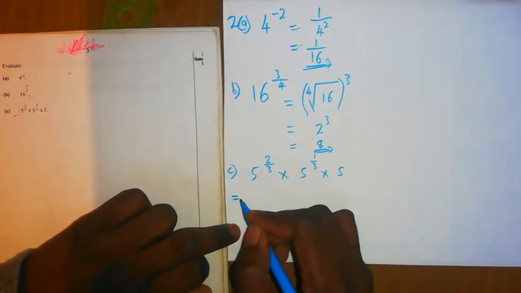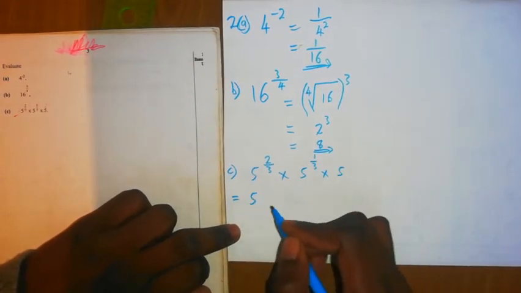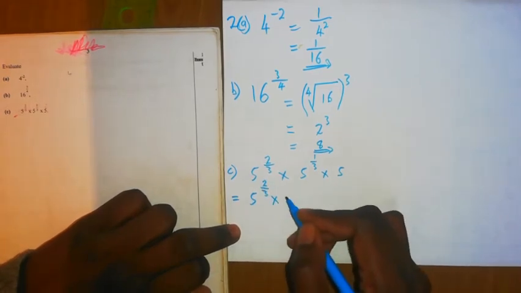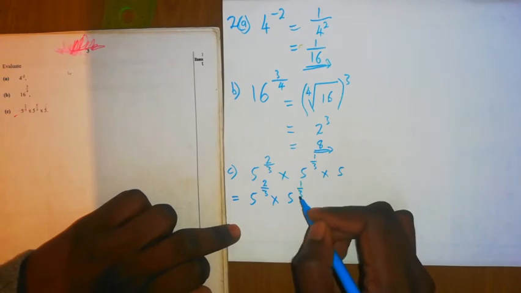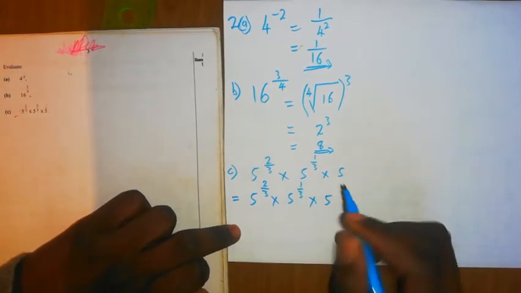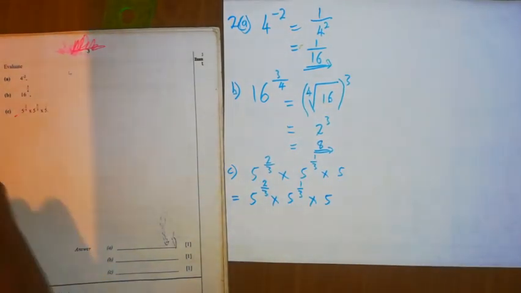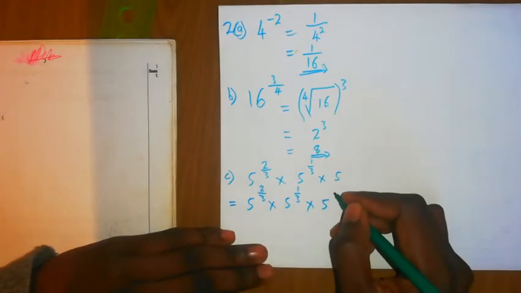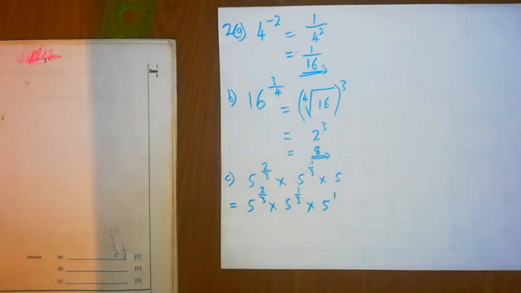So it's equal to 5 to the power 2/3 times 5 to the power 1/3 times 5. That 5 is raised to the power of 1. Even though that 1 was not given, you are supposed to know that in mind.